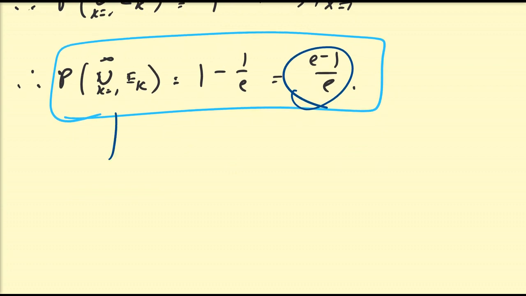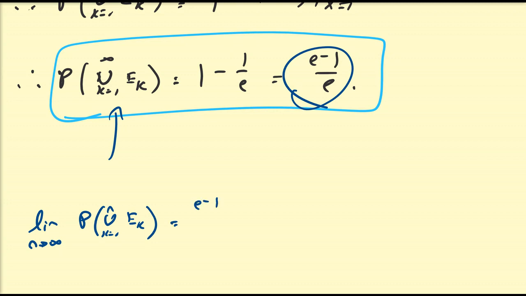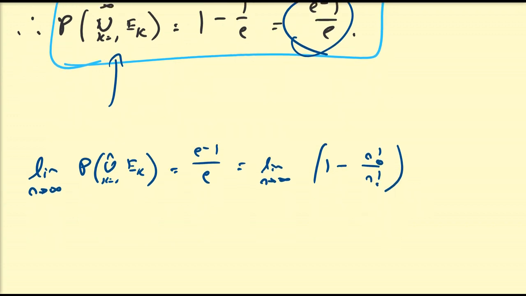Also remember, we had another representation for this. The limit as n goes to infinity of the probability of the union of ek, which is equal to e minus 1 over e, is going to be equal to the limit as n goes to infinity of 1 minus n subfactorial over n factorial.